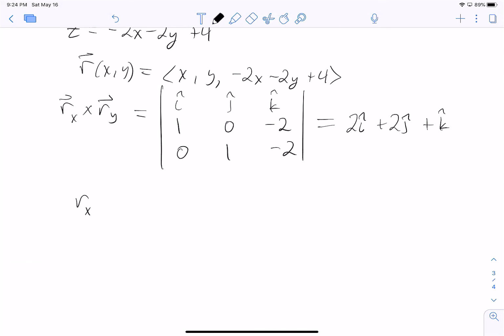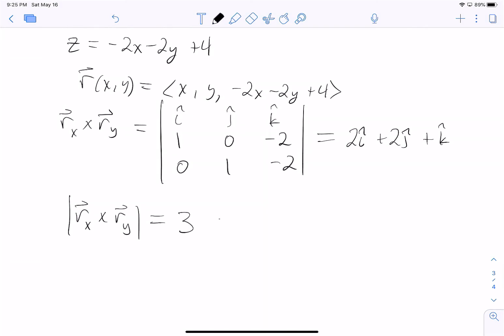And so the magnitude of the partial of r with respect to x cross the partial of r with respect to y is going to equal 3. It's the same thing we would have gotten if we had gone straight for the partials. So if we had done that, it would be (-2) squared plus (-2) squared, the partial with respect to x first, and then the partial with respect to y, plus 1. We'll get the same result.